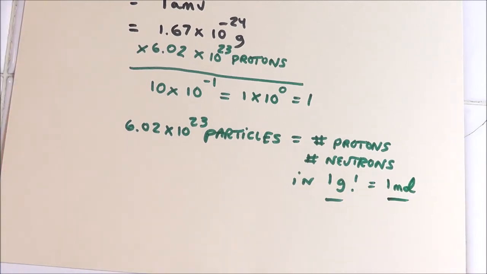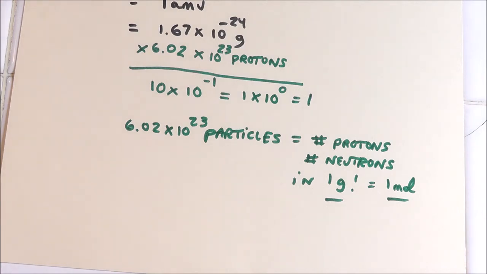And the symbol for it is MOL, because if you knock the E off, you save like 17 seconds every semester. But that is the number of particles in an AMU of a proton or a neutron.